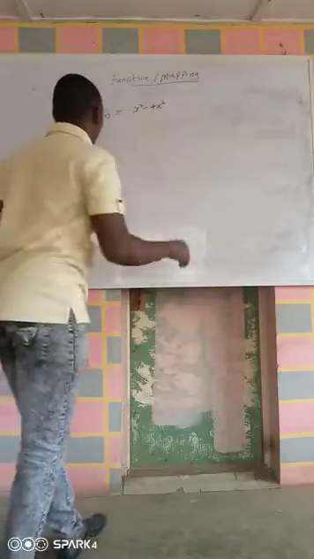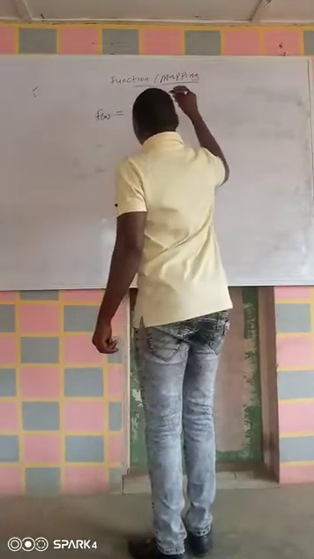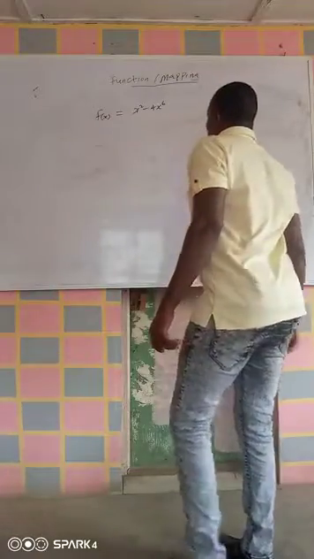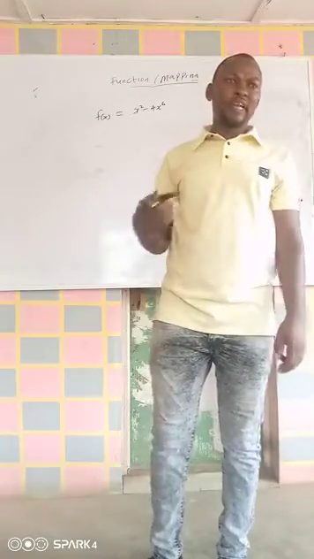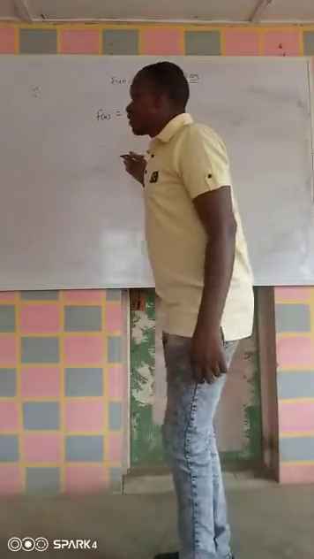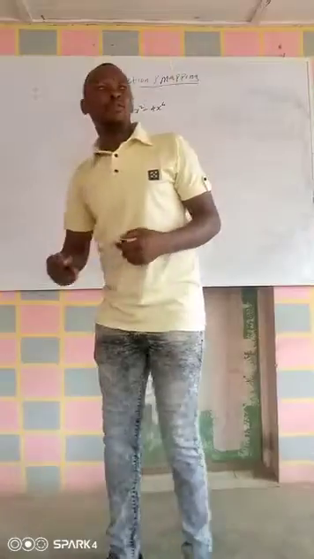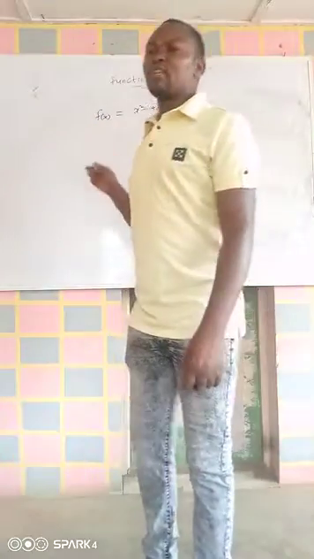Okay, we can be asked to show which function it belongs to, either even function, odd function, or neither. So let us see. By the time we finish the testing, we can now know which function this equation belongs to.